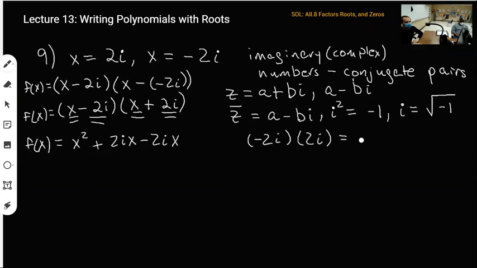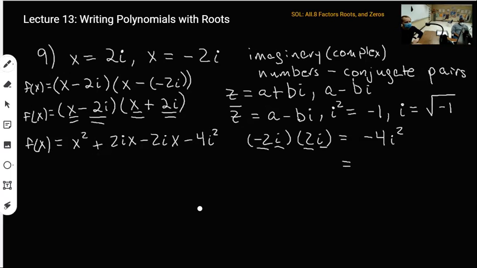When I multiply these, I'm going to get negative 4 from the negative 2 and the positive 2. But what is i times i? That's going to give me i squared. Okay. So I'm going to tack on negative 4i squared.